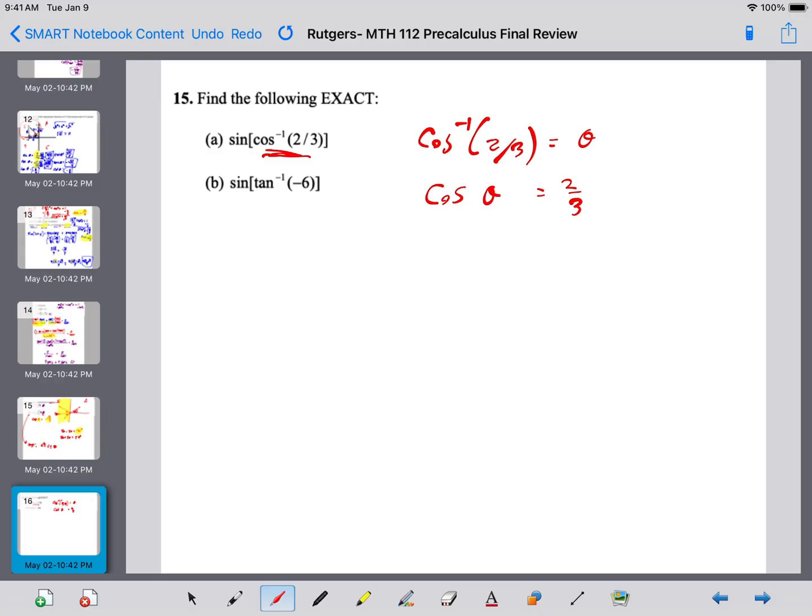So this is your adjacent over hypotenuse. Well, you use your inverse trig function to find the angle.